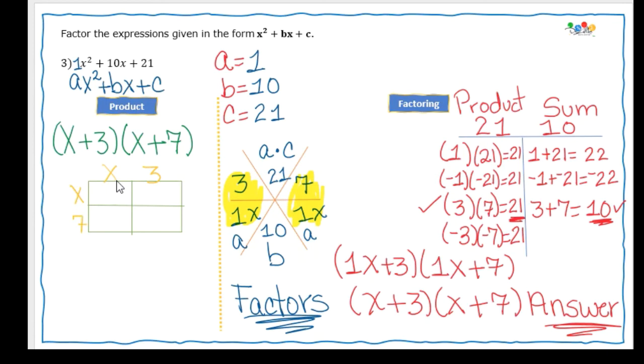If you guys remember, this is from a previous lesson. x times x gives me x squared. 3 times x gives me 3x. 7x gives me 7x. And 7 times 3 is 21. So I'm going to rewrite all my terms inside the boxes.